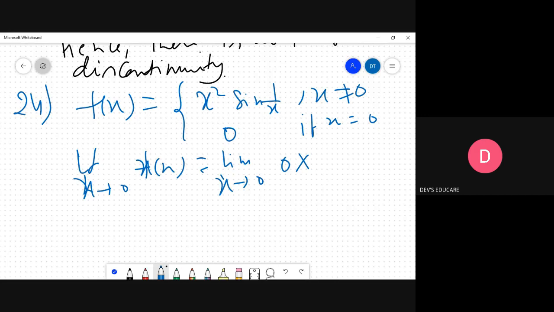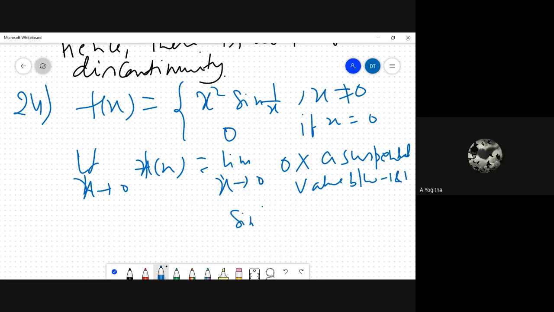So limit x tends to 0, 0 into a bounded value, a bounded value between minus 1 and 1. Why is it so? Sine 1 by x lies between minus 1 and 1, so 0 into anything is 0.